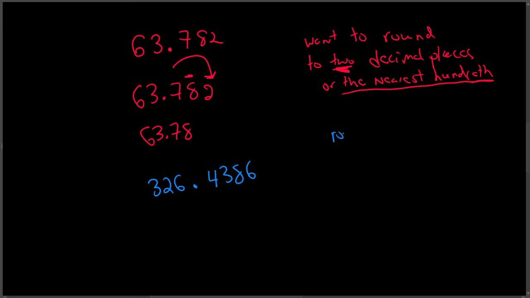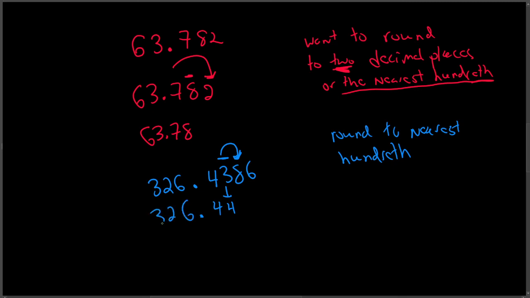So I'll mark my hundredths place, and I'll look to the value to the right. It's bigger than 5, so I'm going to increase this by 1, 2, 4. Pardon my bad English there. And that would be round to the nearest hundredth.